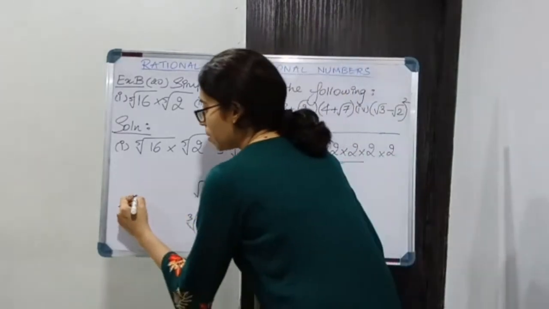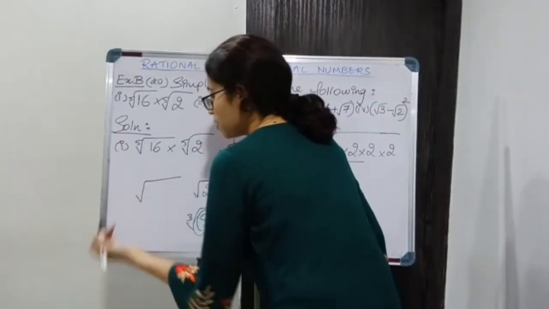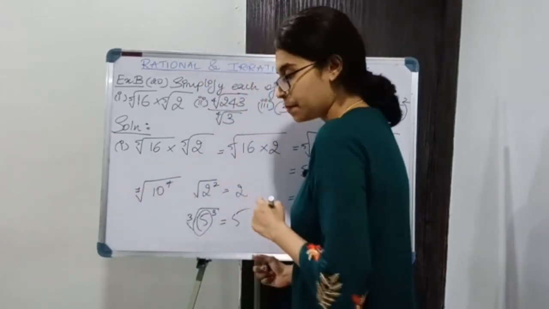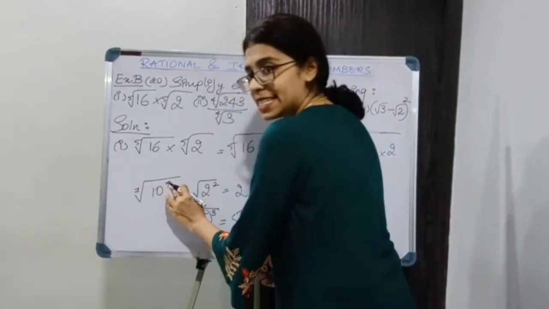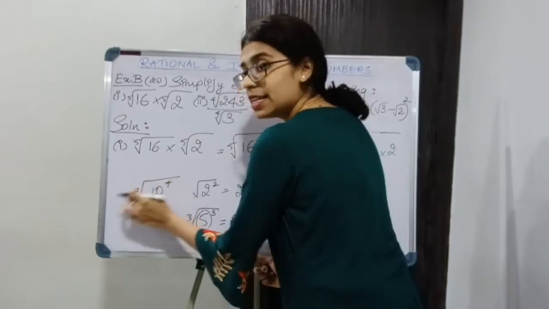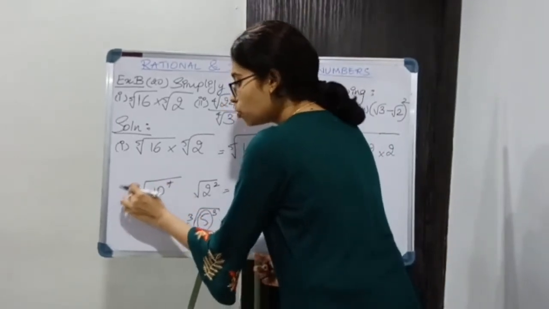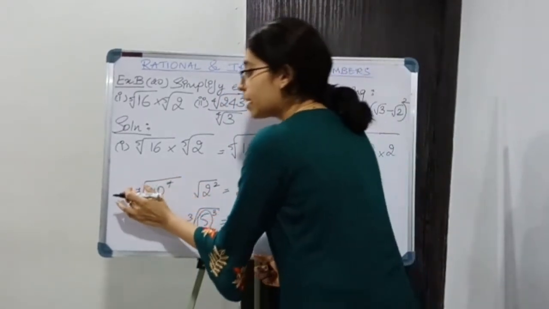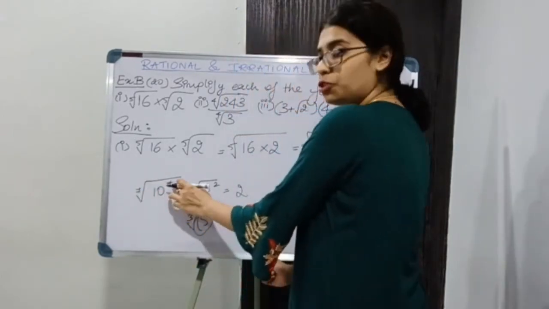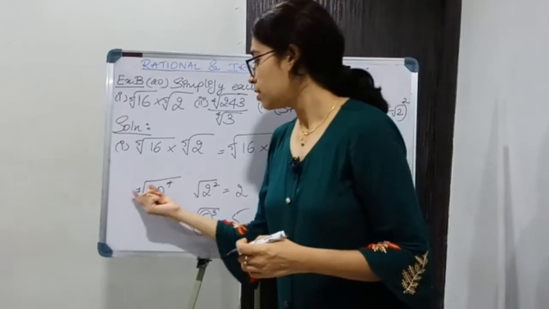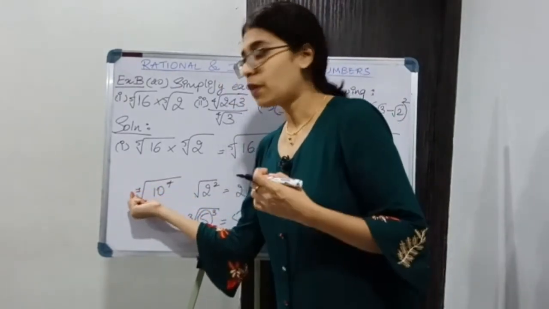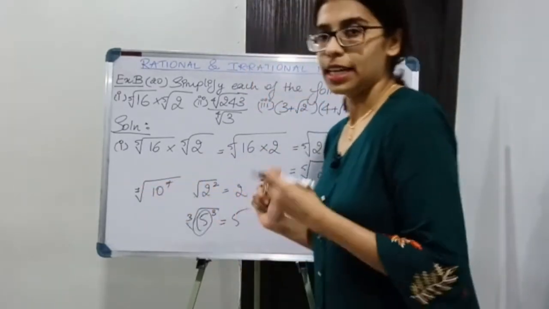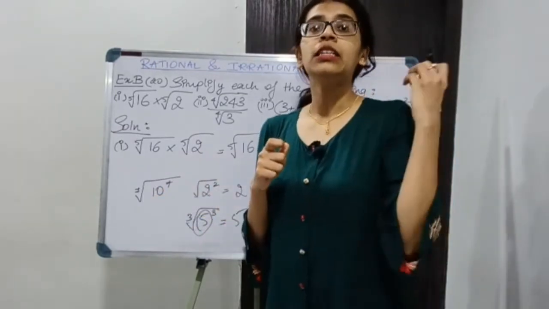Let me give you one more example to understand this. If I have say 7th root of 10 raised to 7, then 7th root is there and here 7 is there. Both should be the same. If I have 7th root then here also 7 should be there. If I have square root then it should have square over there. If I have cube root then it should be raised to 3 over there. So if I am having the same numbers, that is the same root value and same power here, then they cancel out each other, and I'll get only the number remaining.